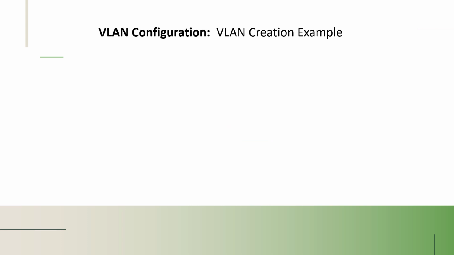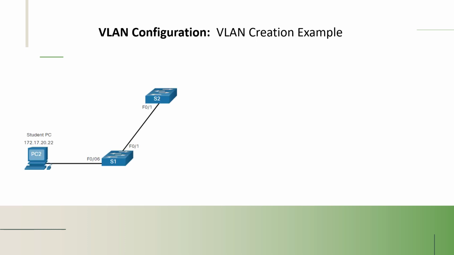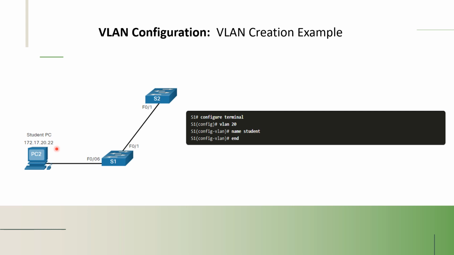Here is an example with this topology, where the student computer, PC2, has not been associated with a VLAN yet, but it does have an IP address of 172.17.20.22, which belongs to VLAN 20. This example shows how the student VLAN 20 is configured on switch 1.